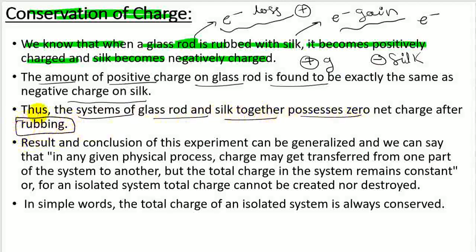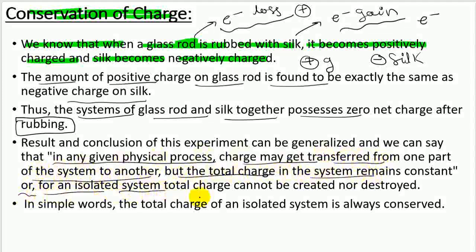The result and conclusion of this experiment can be generalized: in any given physical process, charge may get transferred from one part of the system to another, but the total charge in the system remains constant. Or, for an isolated system, total charge can neither be created nor destroyed.